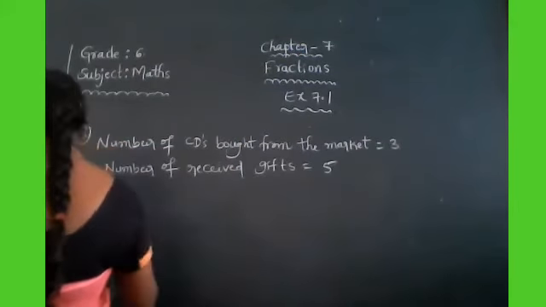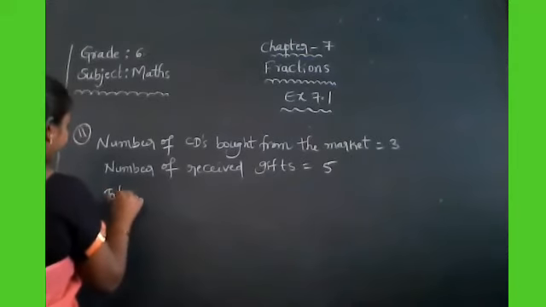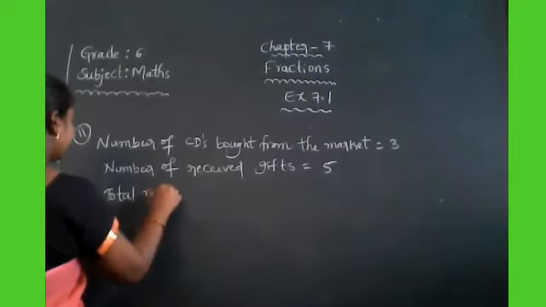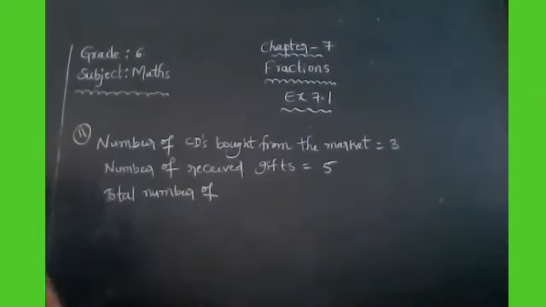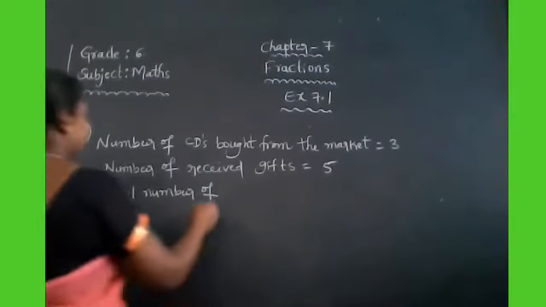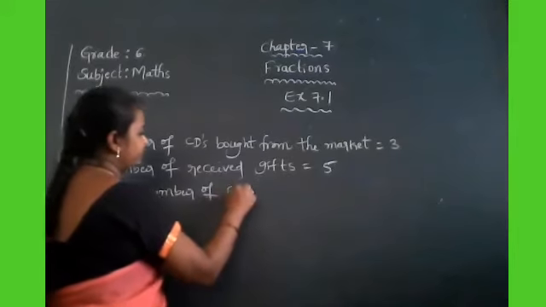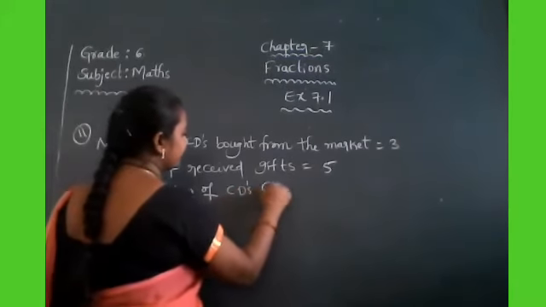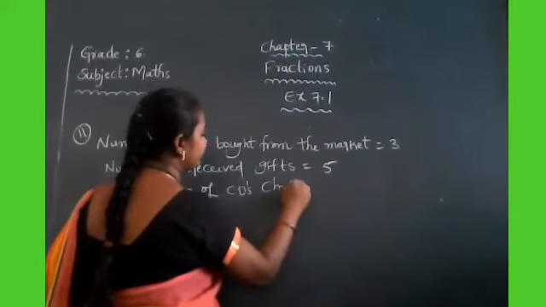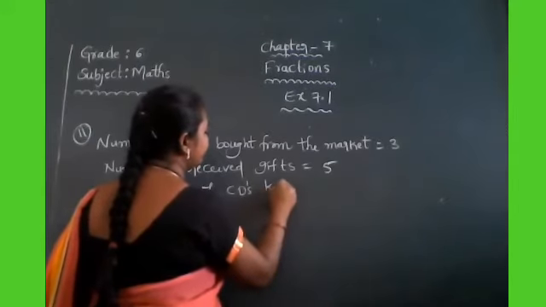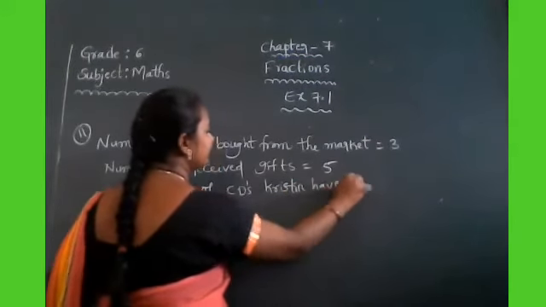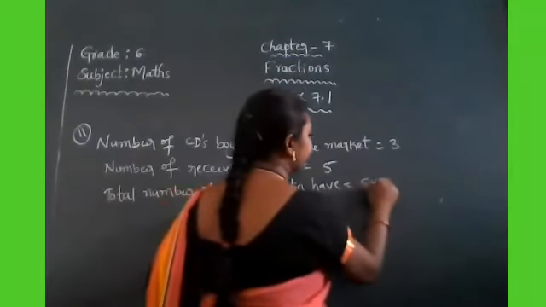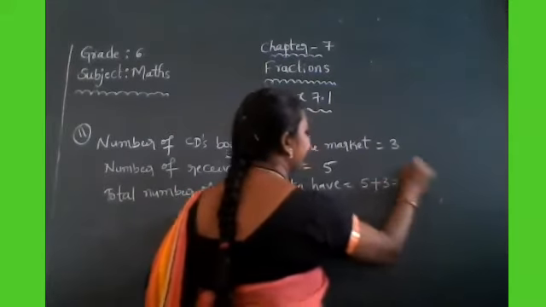Okay. Now, first of all, total number of CDs Christine has: 5 plus 3, that is 8.